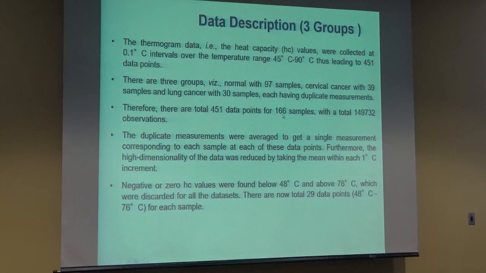And we have the 166 samples with this many observations. Duplicate observations were averaged to get a single measurement, and the negative or 0 HC values were found to be below 48 degrees centigrade and 76 degrees centigrade, which were discarded from all data sets. So now we have 29 data sets.